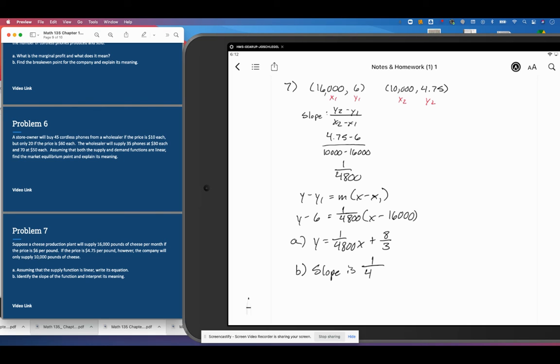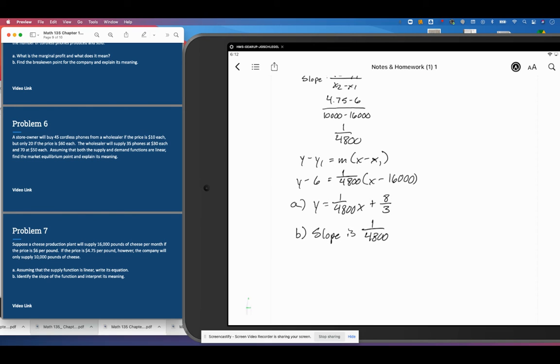is 1 over 4,800. And so again, it's important, as it was in that example with the coal, to remember that the top number is money and the bottom number is pounds of cheese.